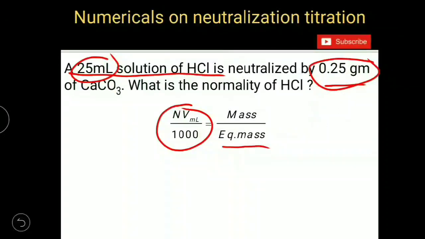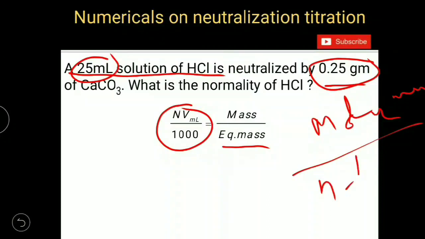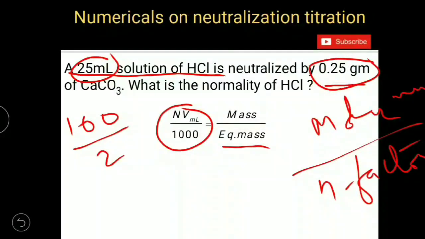The equivalent mass of CaCO3 can be determined by the formula molar mass divided by n factor. The molar mass of CaCO3 is 100, and the n factor is 2. How will you get the n factor? Calcium carbonate ionizes into Ca plus 2 and CO3 minus 2.